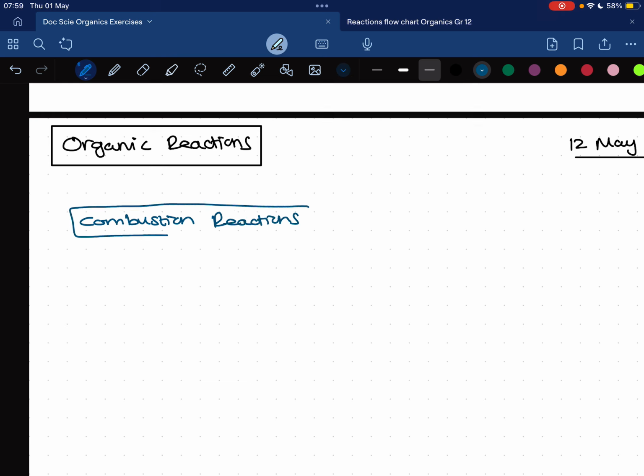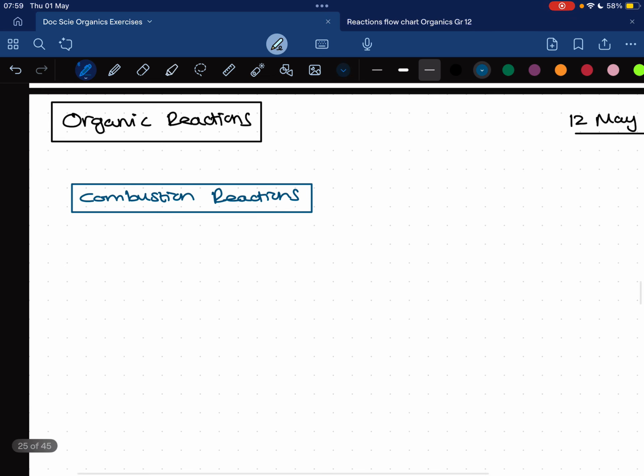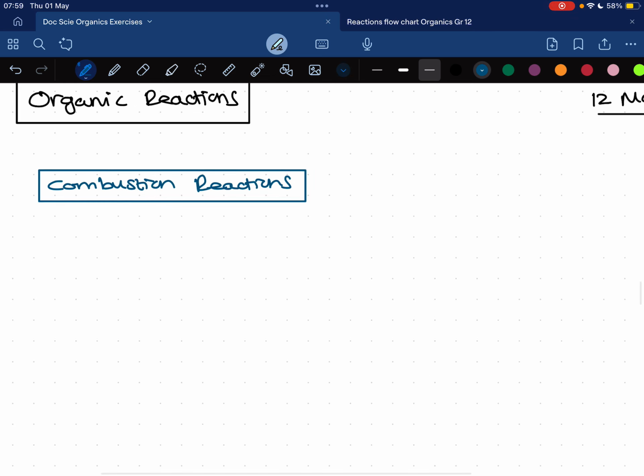So we'll start with a combustion reaction. Some points to make on combustion reactions: first of all, it is an exothermic reaction, as I'm sure would make sense to you, because it obviously has to release energy in the form of burning.